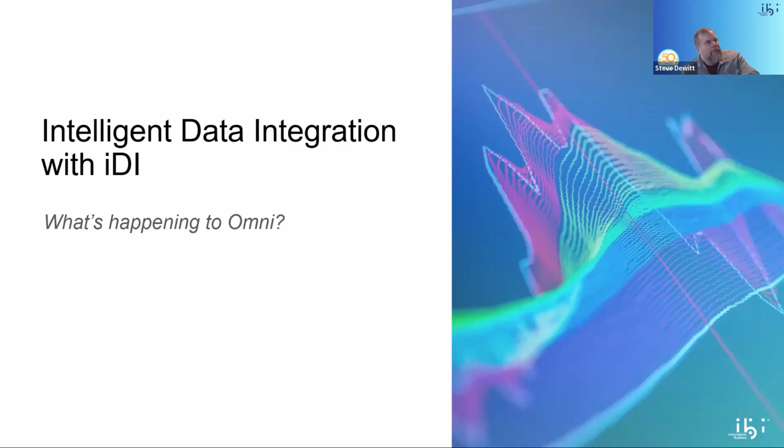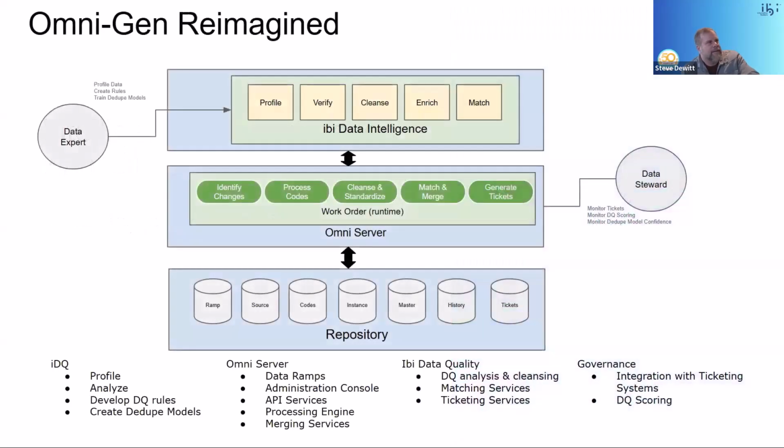So how does Omni fit into this story? Intelligent data integration. Okay, thinking back to the diagram I showed you a little while ago, I hope that this one looks very, very familiar because it's just about the same, right? What's changed is that those DQS services are now built into data intelligence, but the repository structure isn't changing.